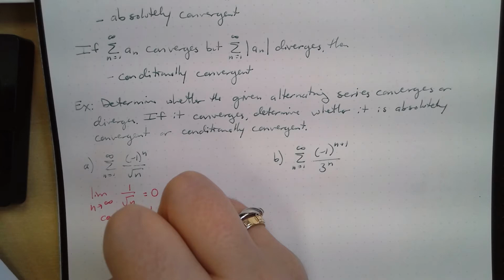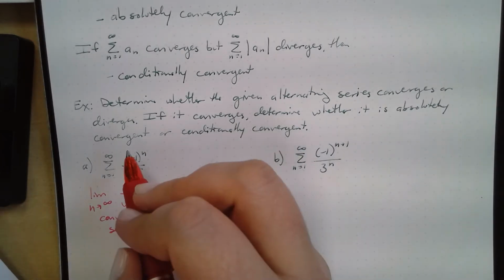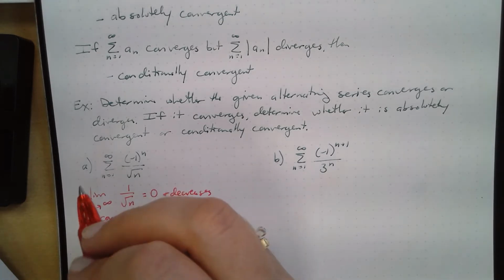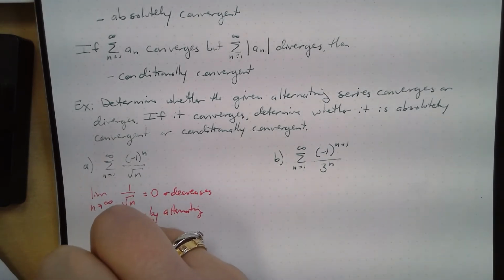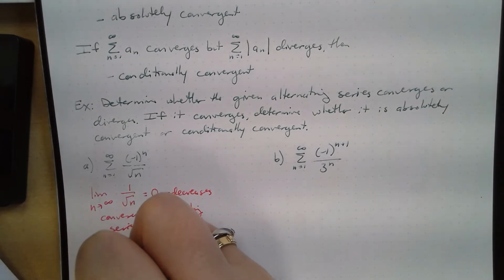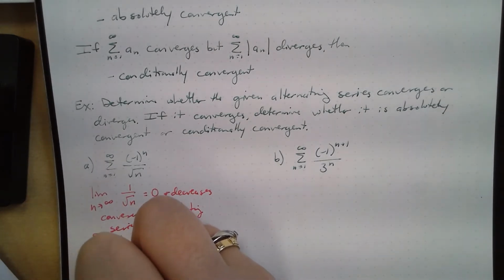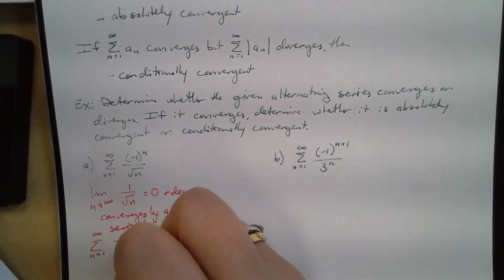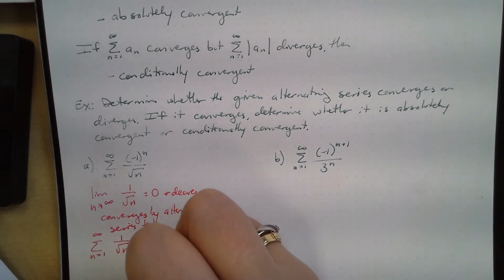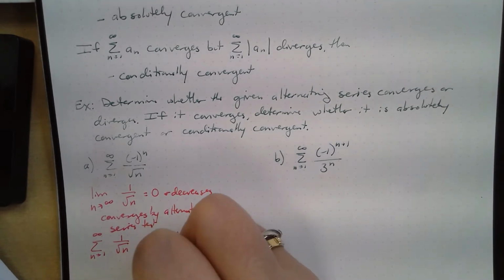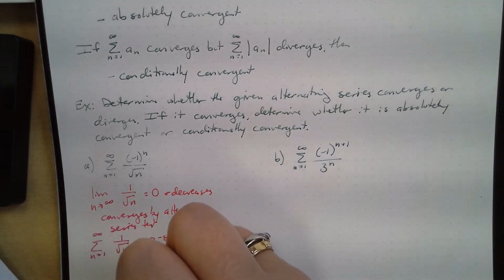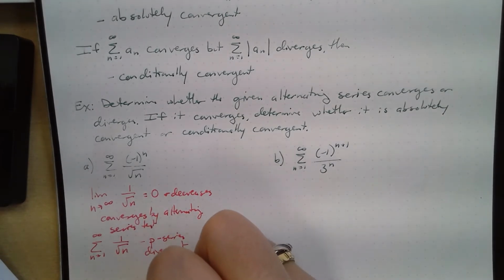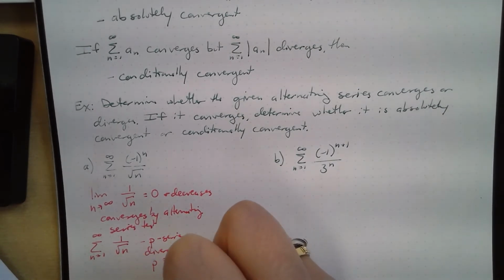So let's look at this without the absolute value. The sum from n equals 1 to infinity of 1 over square root of n. That's going to be a p-series. That's a divergent p-series because p is equal to 1/2, and that is less than 1.